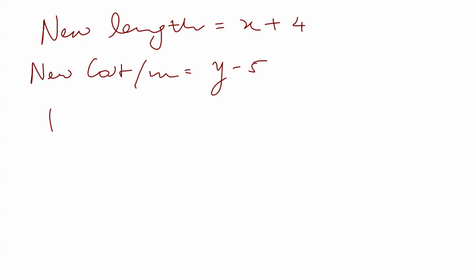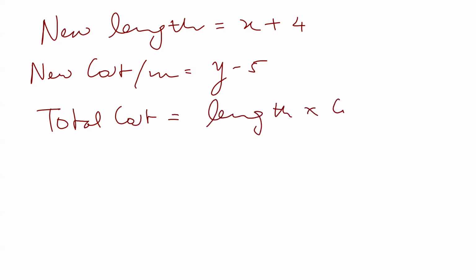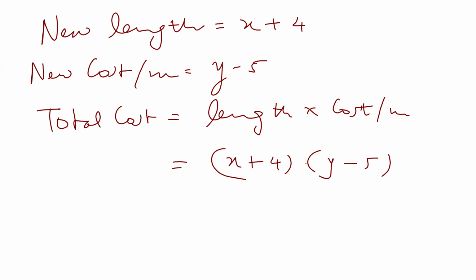Okay. So total cost. Here also I'll use the same relation. It is length into cost per meter. So the length is x plus 4. Cost per meter is y minus 5. So what will be total cost?